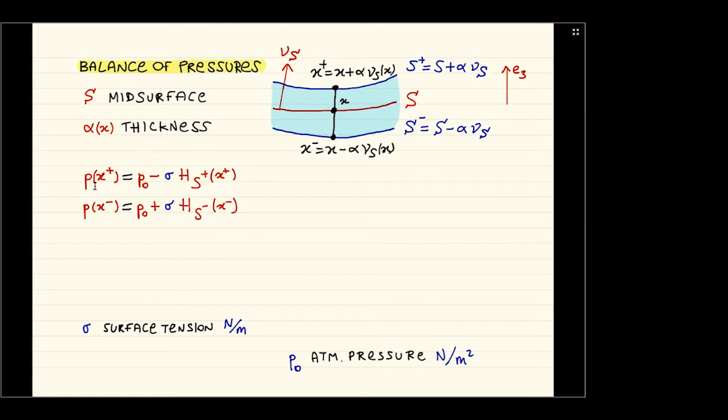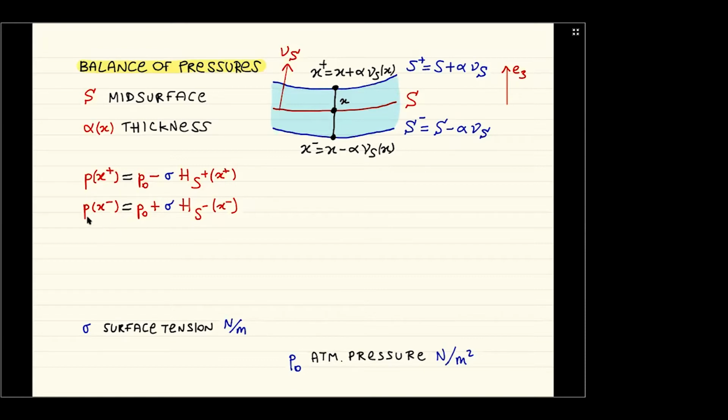The first thing we can do is write down the pressure on the subfilm that is measured at the points x plus and x minus that are almost on the boundary of the subfilm, let's say a bit inside. So the pressure at the point x plus will be the atmospheric pressure P0 minus the Laplace pressure on the surface S plus, that is essentially a normal deformation of the mid-surface S by the thickness function alpha.